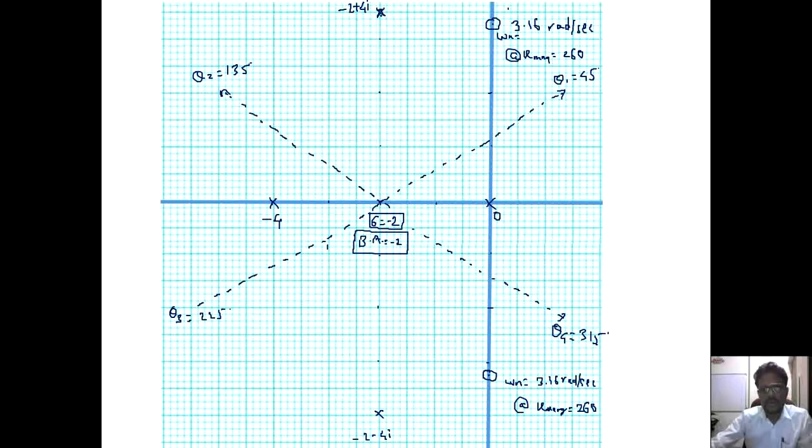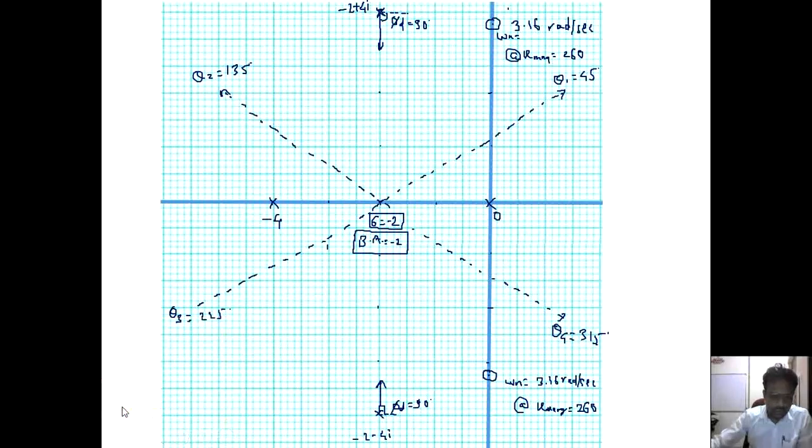At this point we have calculated phi d, and from horizontal we got this angle as 90 degree. As we got minus 90 degree, it is exactly below. And for this pole, phi d will be positive 90 degree. Okay, now this is the constructional part.